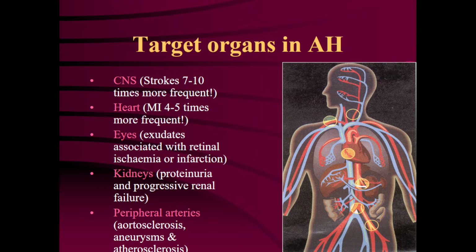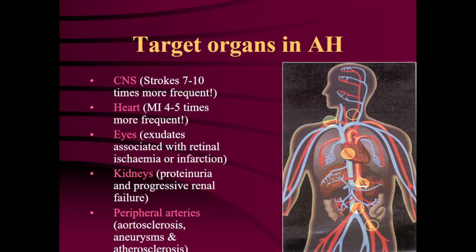Strokes occur 7 to 10 times more frequently than in the population. And you should remember that strokes are complicated by invalidization of the patients, and mortality is very high, even nowadays.